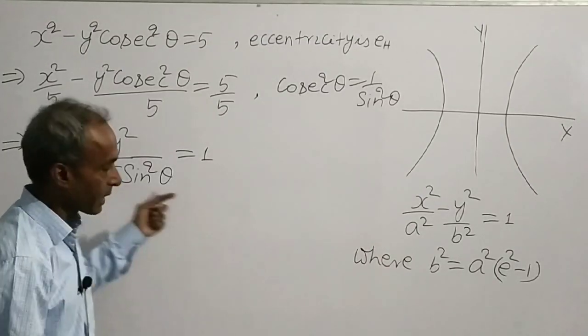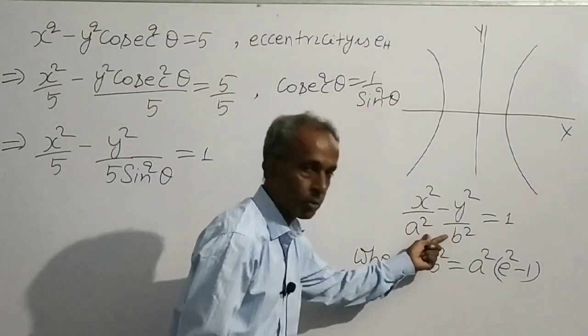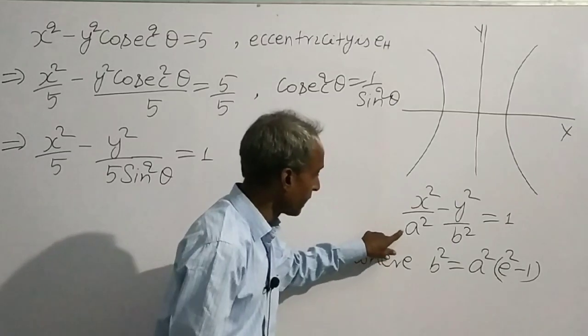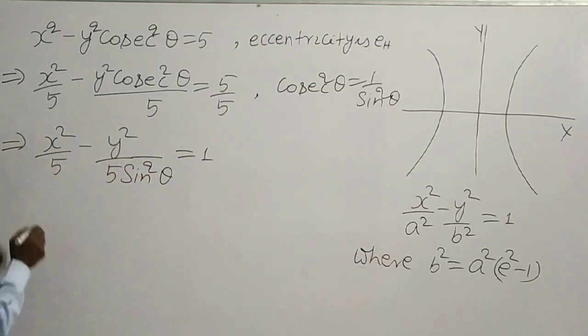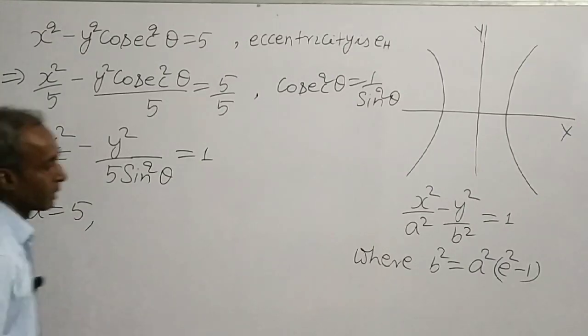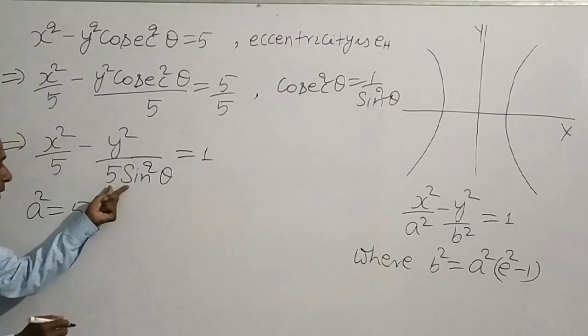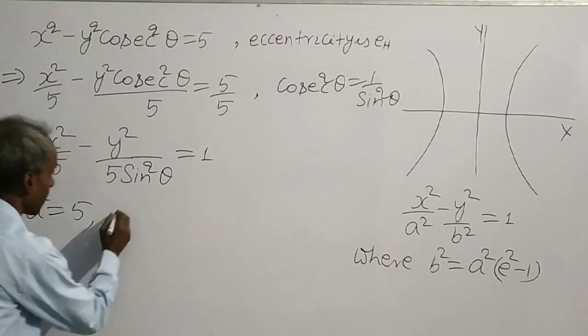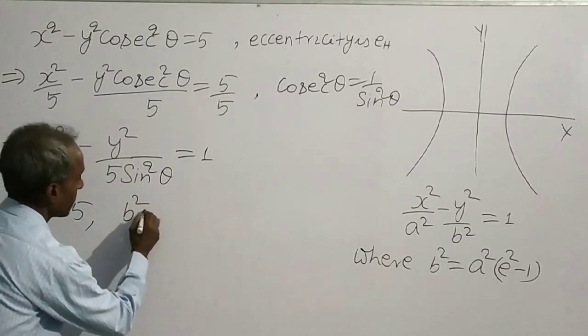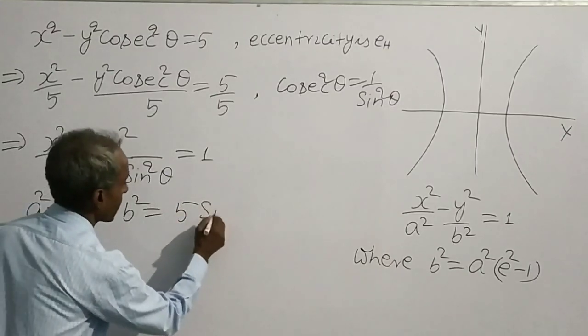Comparing this equation with this standard form, we see that a square is equal to 5, and in place of b square, there is 5 sin square theta.